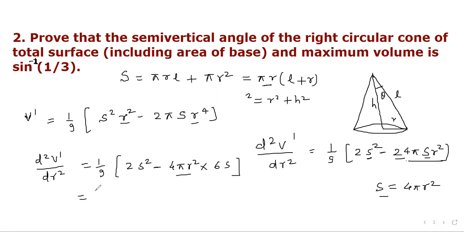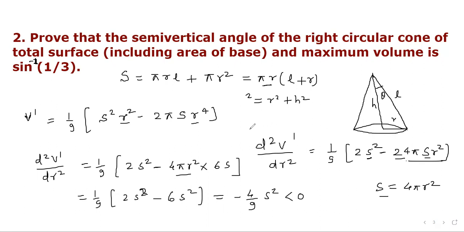So we get 1 upon 9 times 2s square minus 6s square, which is minus 4 upon 9 s square, which is less than 0. It means the second derivative is negative. So if the second derivative is negative, then the function is maximum.